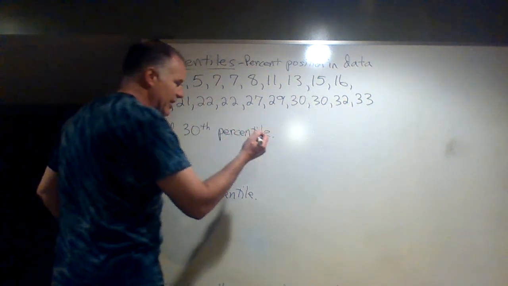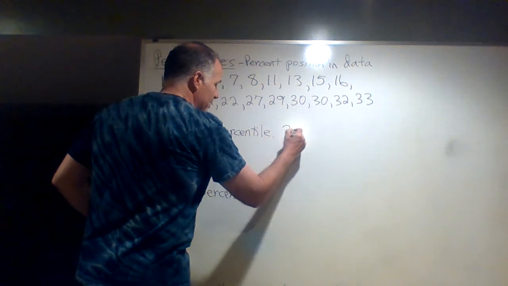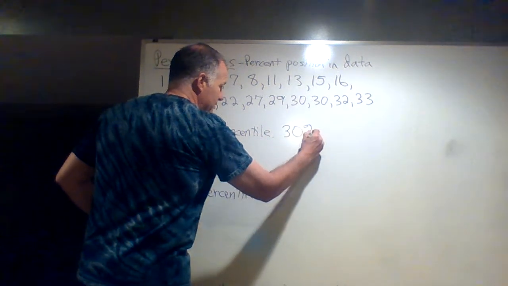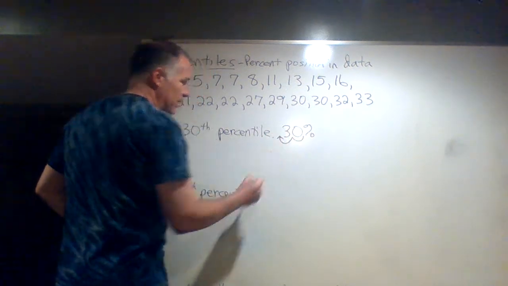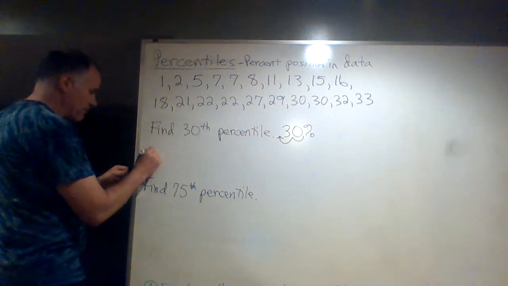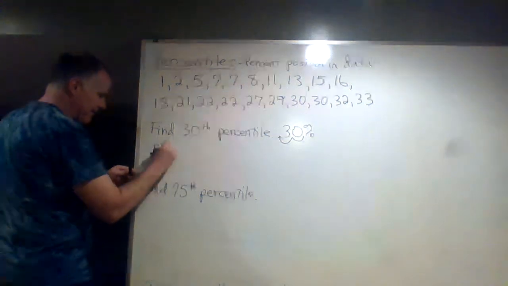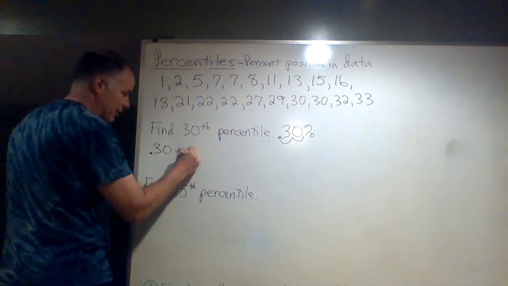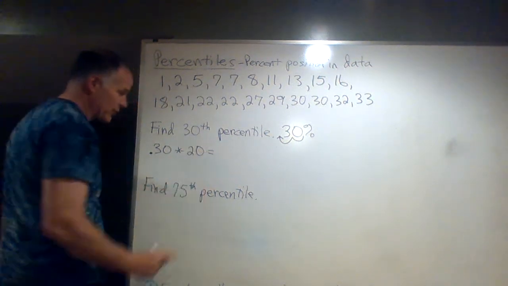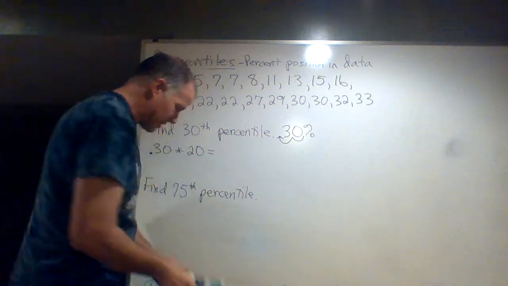Remember from the first video, all we're doing is finding the 30% position. But remember, we have to move the decimal back 2 places. So we're going to take 0.30 times 20 numbers. So 30% times 20 numbers.